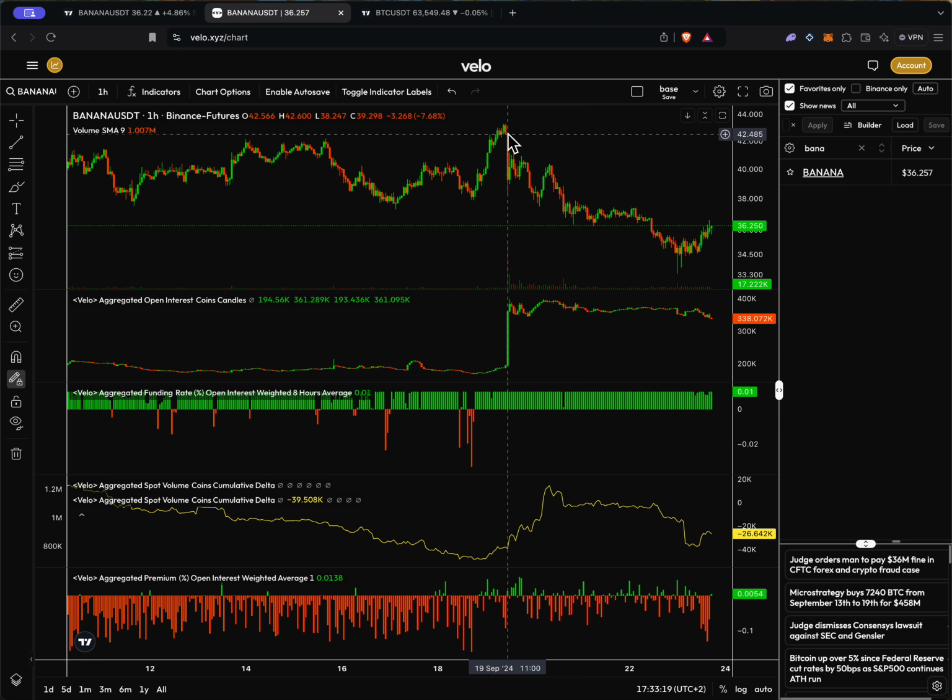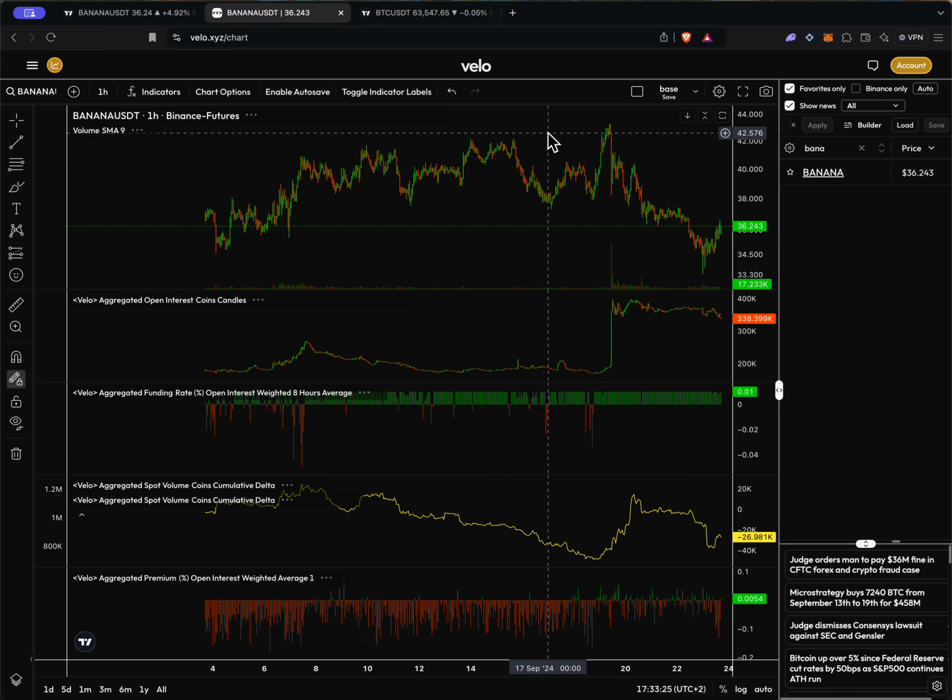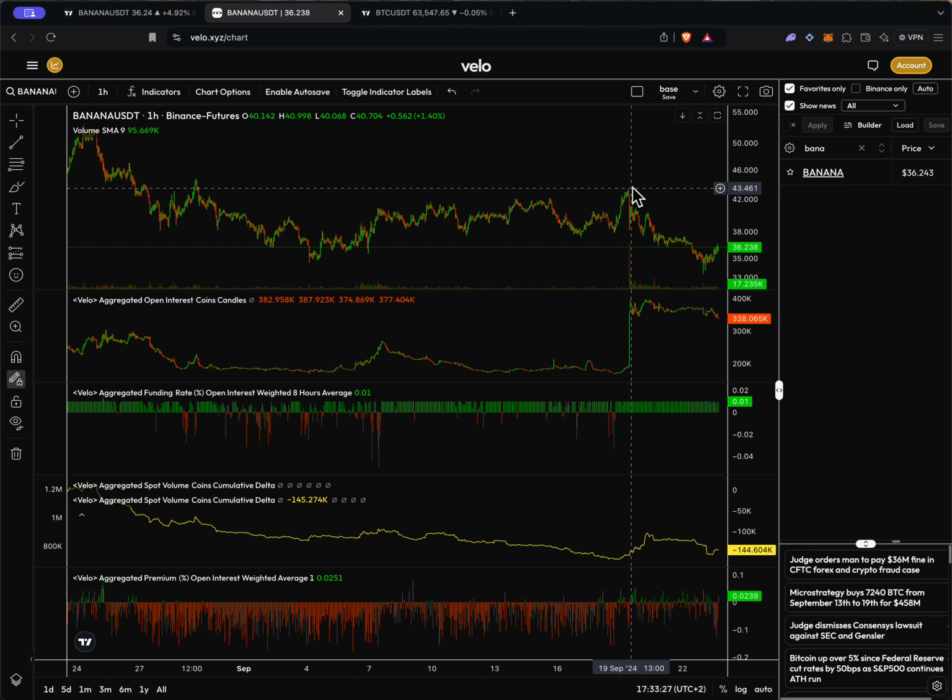Well, actually more from 42.4. So here there are a lot of liquidations, a lot of stop losses over this stop.